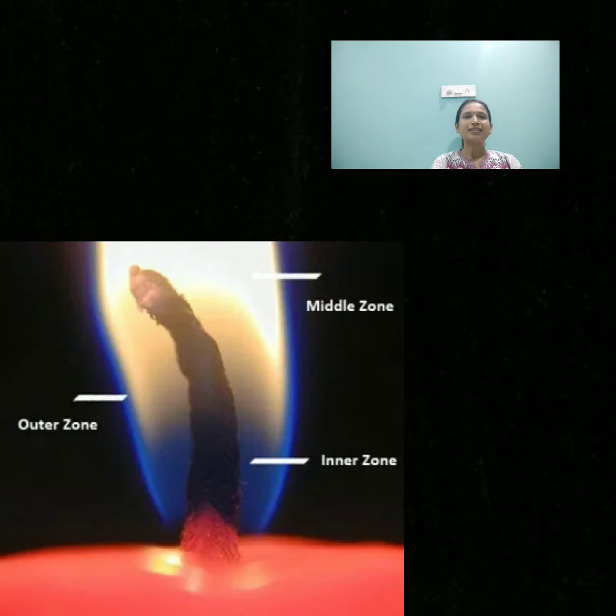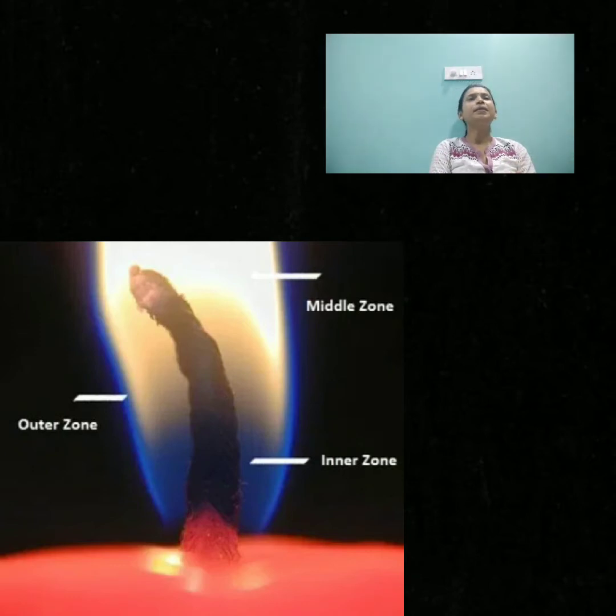So the second part has moderate temperature and the innermost zone has the lowest temperature. The unburnt wax gives out carbon particles which burn to give yellow light and make this region yellow and luminous. So the innermost part has a dark color and the middle part, that is luminous, has a yellow color.